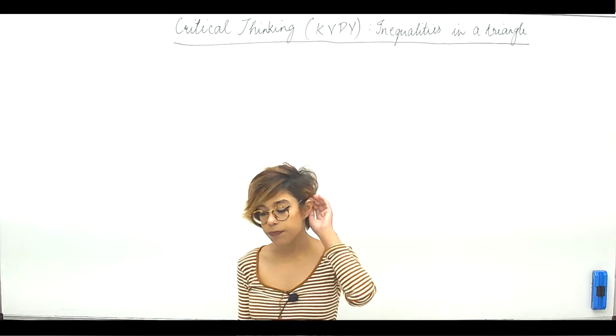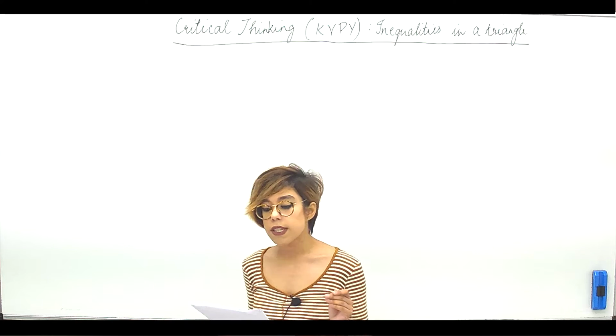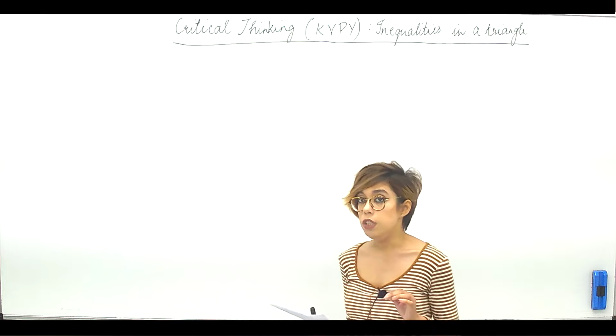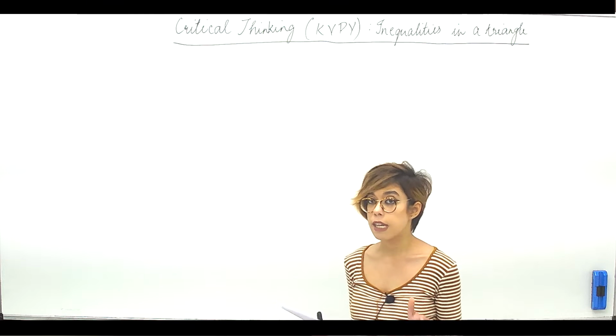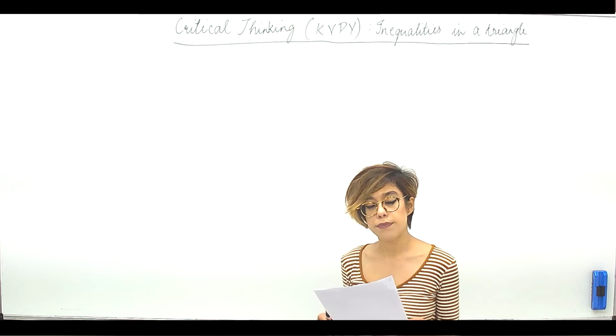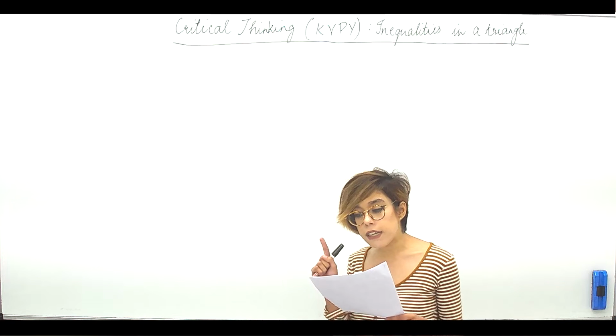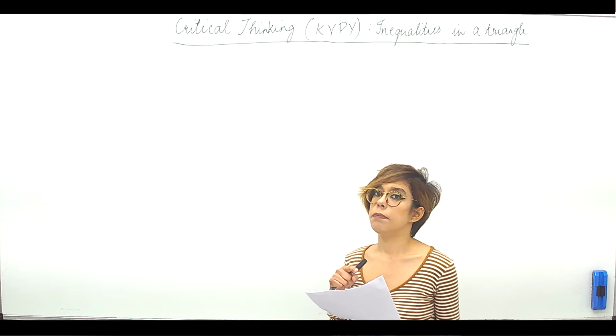So please write down. Come on, write the first question. If two sides of a triangle are unequal, then prove that the longer side has greater angle opposite to it.